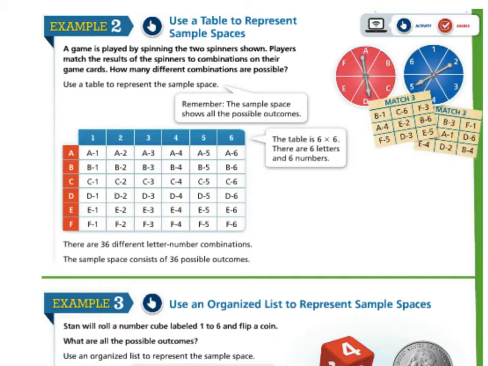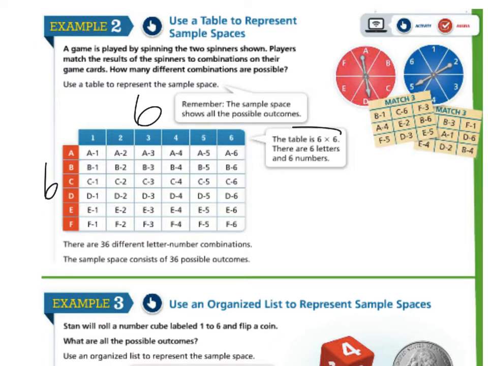Making a table just means putting each of those outcomes along either the left side or the top of the table, and then combining the two outcomes to create those letter and number combinations. In this example, you have a total of 6 outcomes that are numbers and 6 outcomes that are letters.